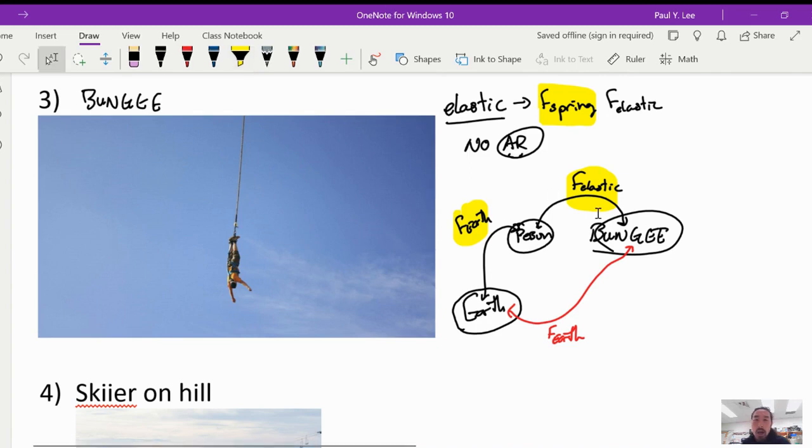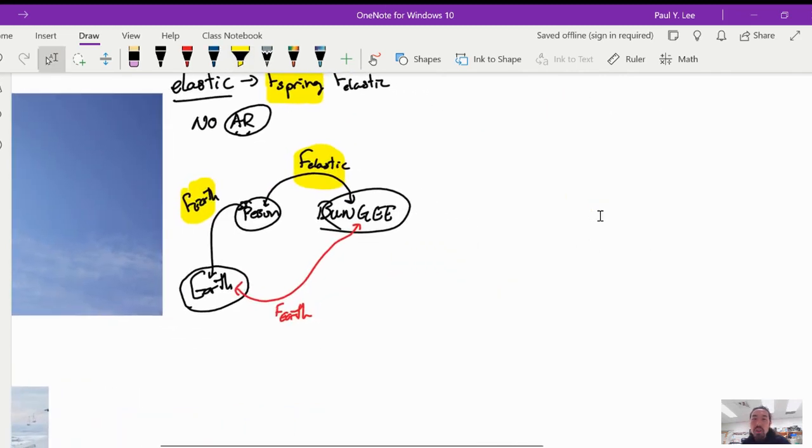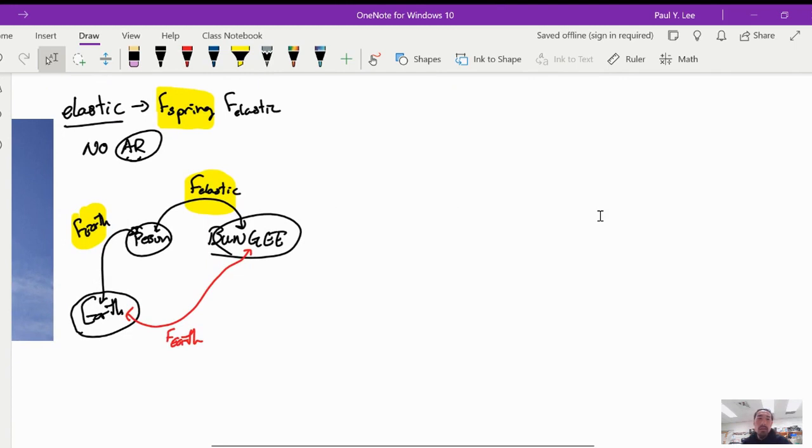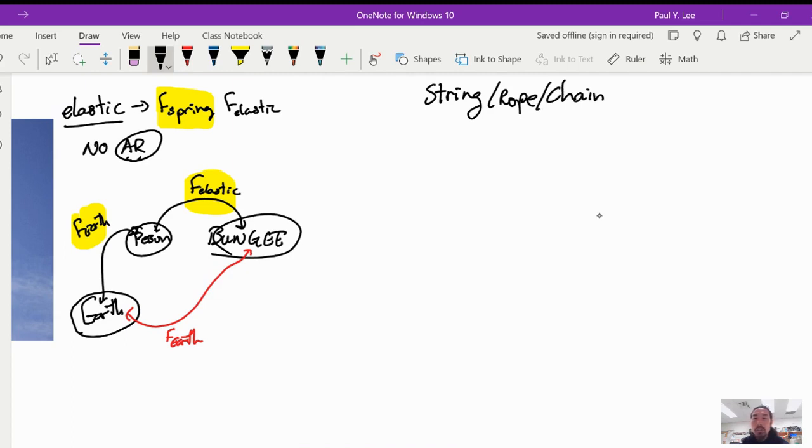All right. And let's say instead of a bungee cable, we had, I don't know, a string, rope, chain, all of these. So there's something unique about all three of these objects: string, rope, and chain.